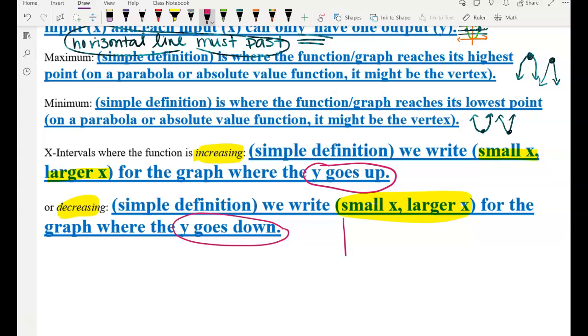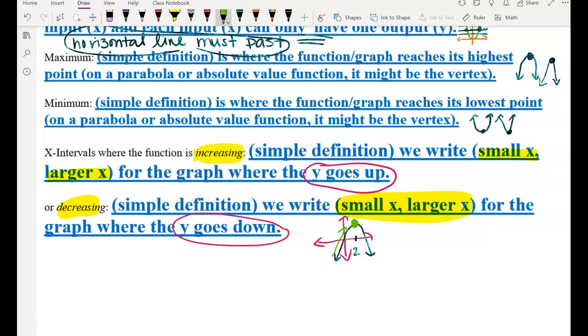So for example, let me just give you a quick graph of this parabola. Let's just say, here we go. And let's make that vertex at, let's say, 2. Okay, students? So as you can see, on the left side, y goes up. It goes up until this very, very high point called the maximum point.